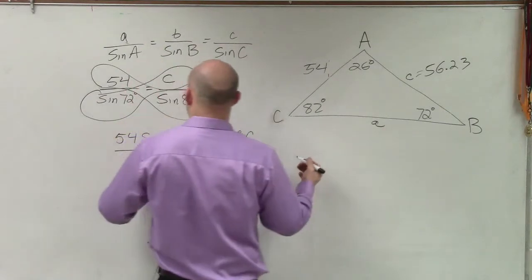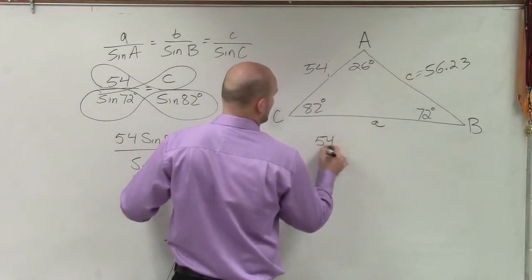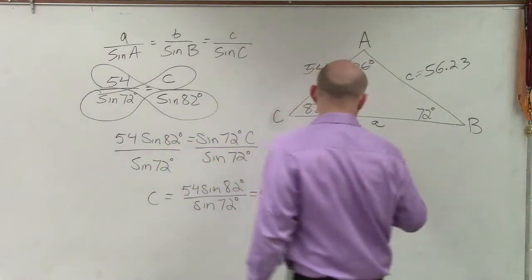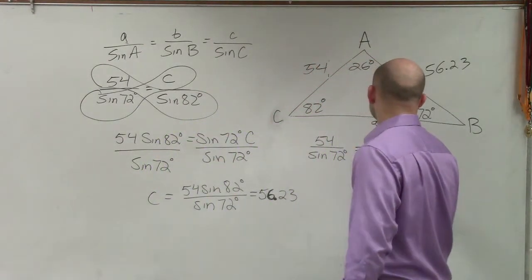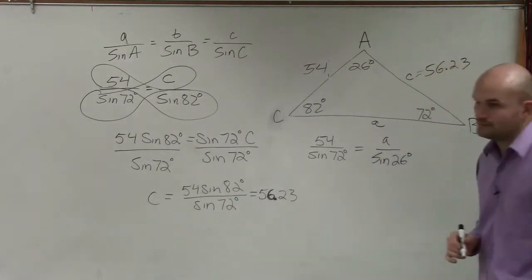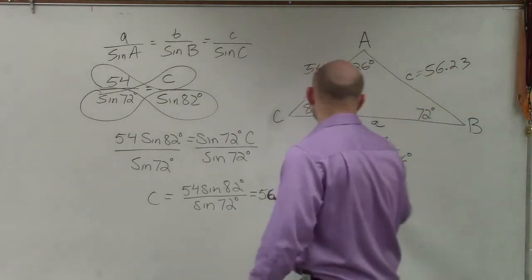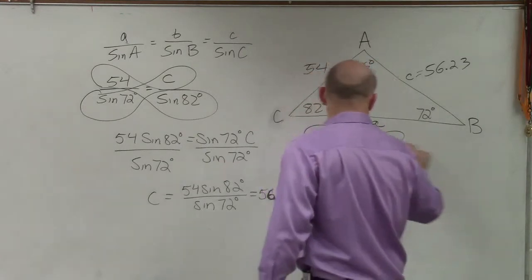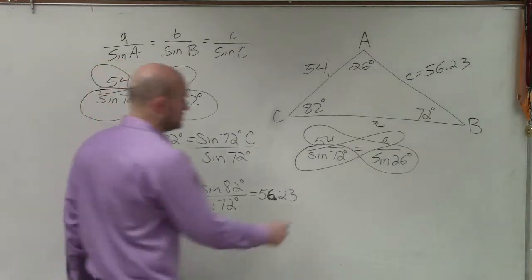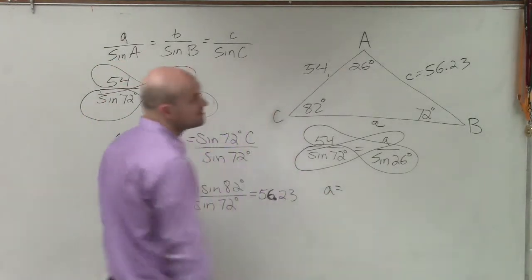In this case, I have 54 over the sine of 72 degrees equals A over the sine of 26 degrees. Again, we can apply cross multiplication. To save space, I'm going to write in the final equation. Once you do enough of these problems, you will get it.